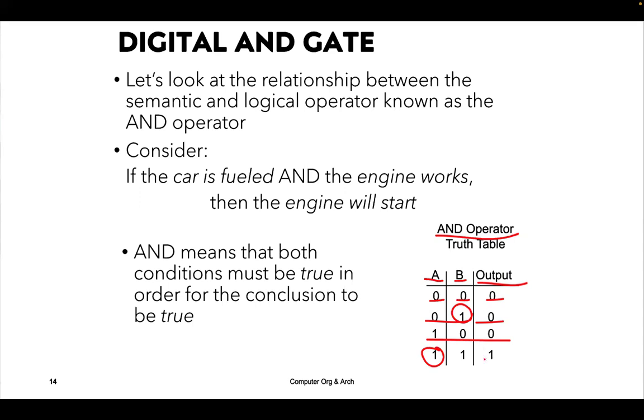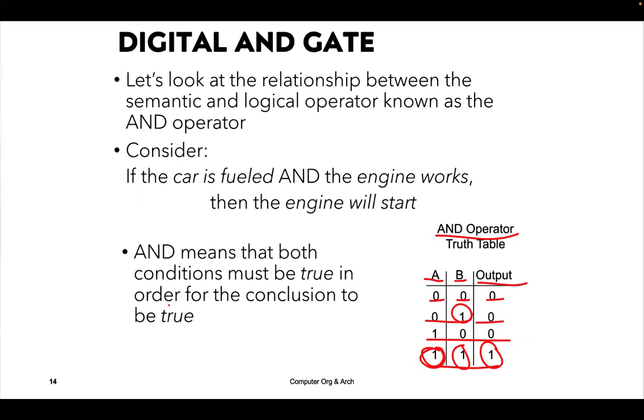That is why you are seeing this truth table representing a true or a 1 here, because both inputs, that is input B and input A, are all 1 or true.